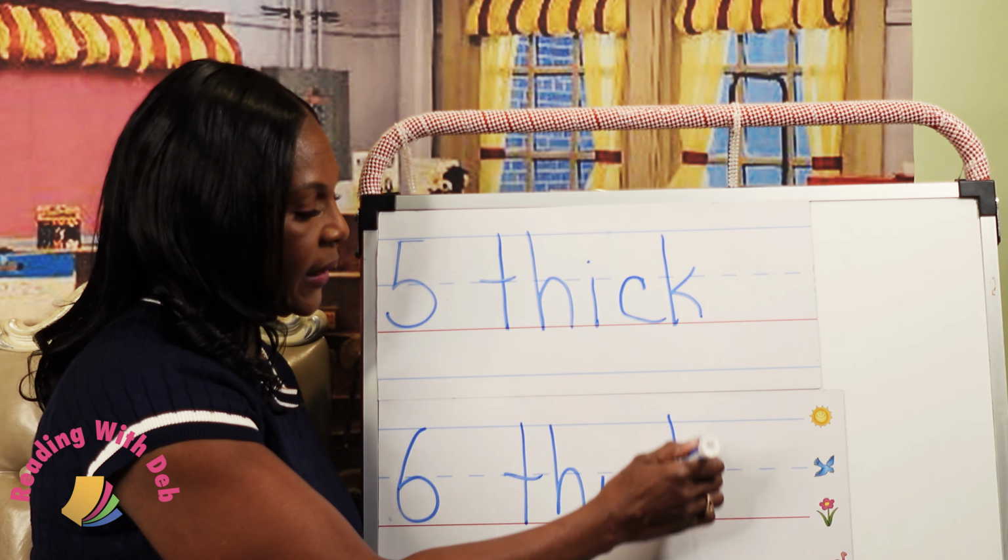Try to write the sentence before I do. Number 7. The sentence is, this is a hot bath. This is a hot bath. This, uppercase T, H, I, S. This is, I-S is, this is a hot, hot bath.